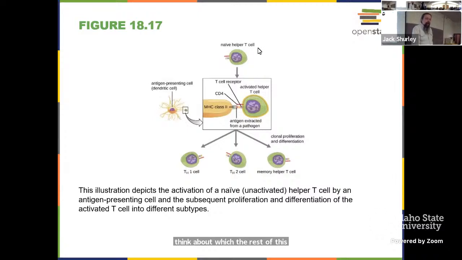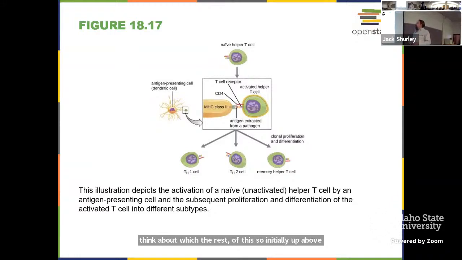So initially, up above our top cell is a naive helper T cell. This cell has yet to decide what's going to happen, all right?